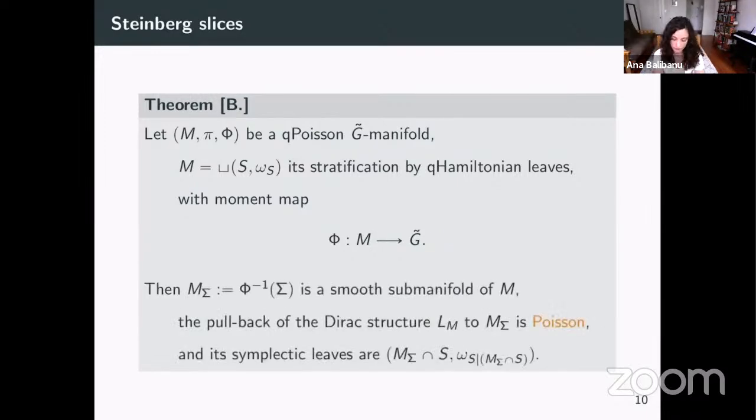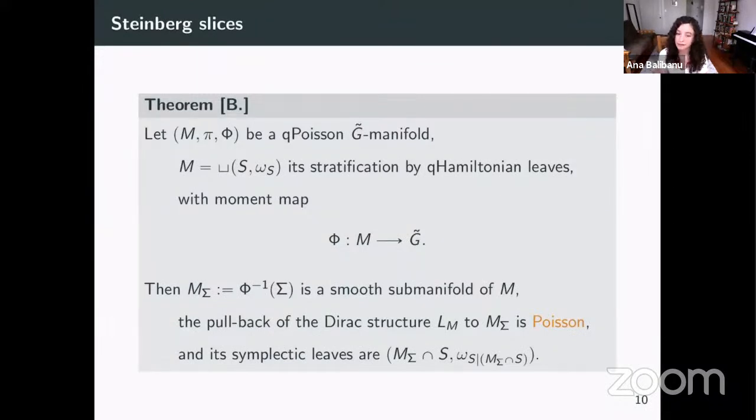And then the statement of this theorem is that if I pull back this cross section under the moment map, I will get a smooth submanifold of M, to which I can pull back the Dirac structure on M. And when I do this, I will get something that is an honest Poisson structure on M sigma.